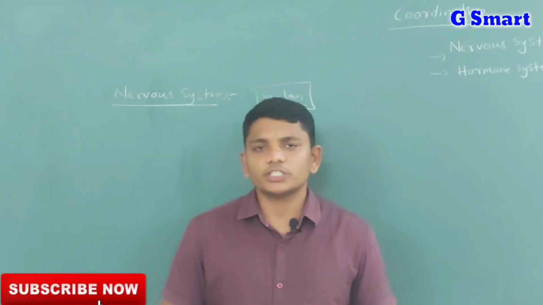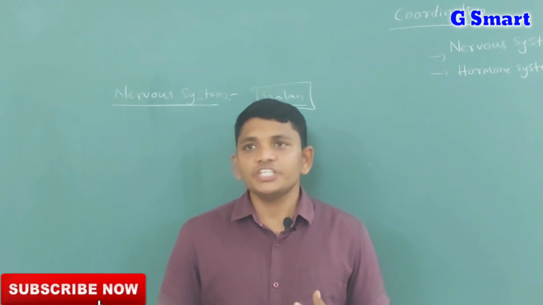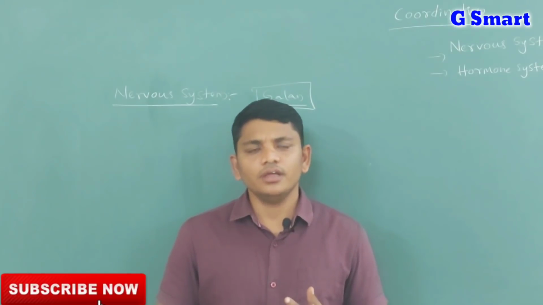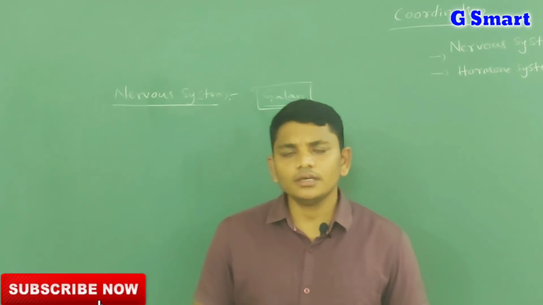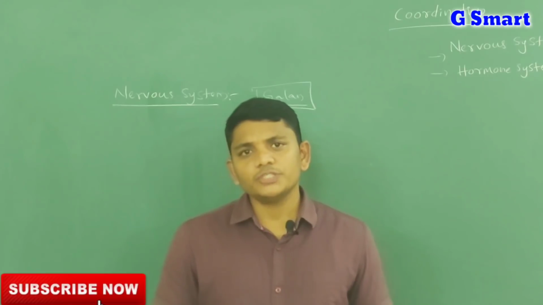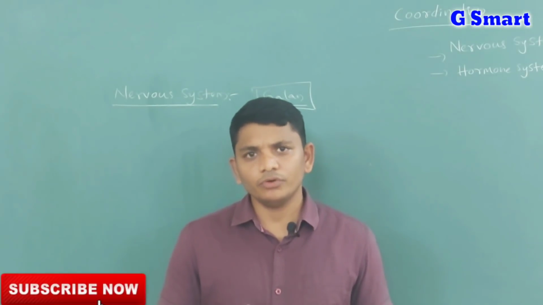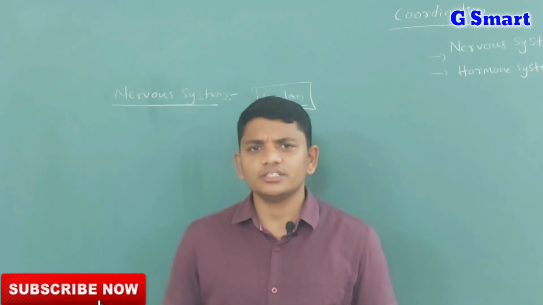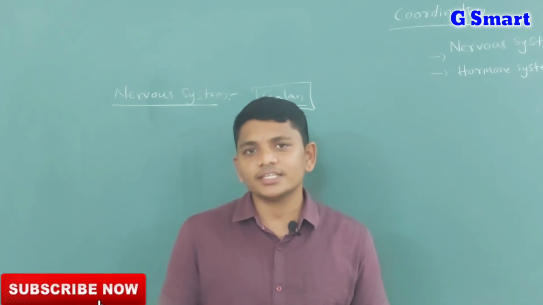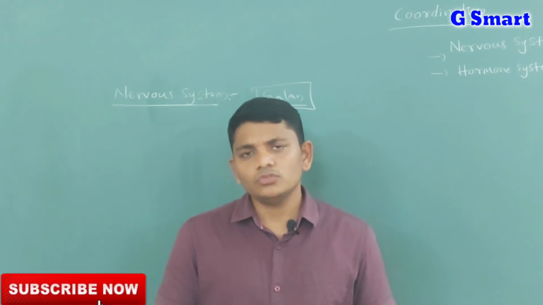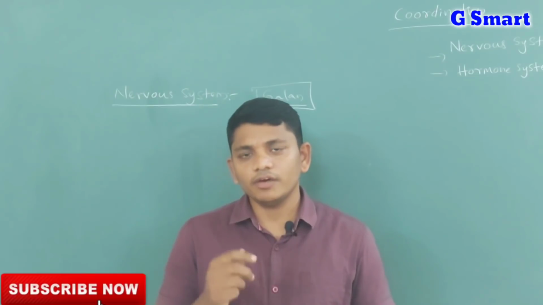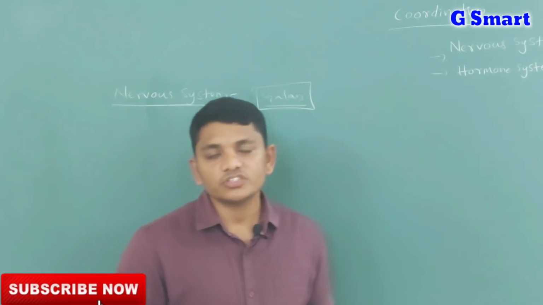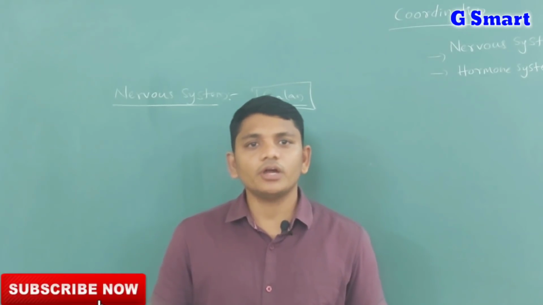Next, we have to discuss some scientists mentioned in our textbook. First one, Stephen Hales, and also Leonardo da Vinci. These two scientists told us that our spinal cord is made up of a number of neurons. This is not a solid structure, it contains a number of neurons, and it participates in every action with the help of nerves. So the spinal cord is the most important part of our nervous system, as mentioned by the scientists Stephen Hales and Leonardo da Vinci.